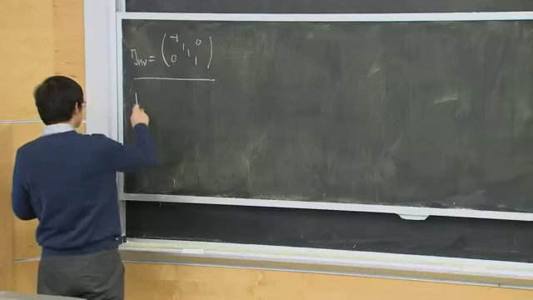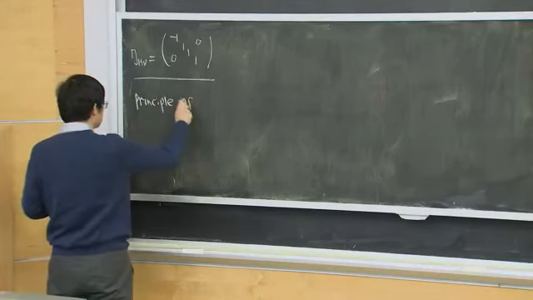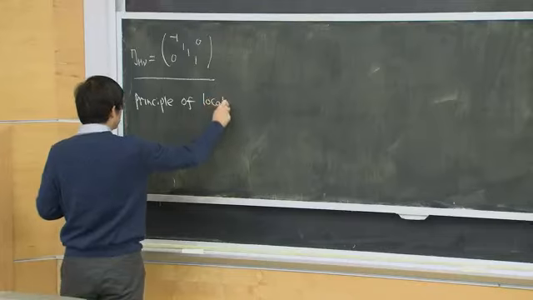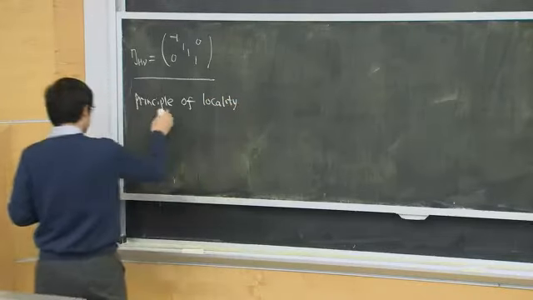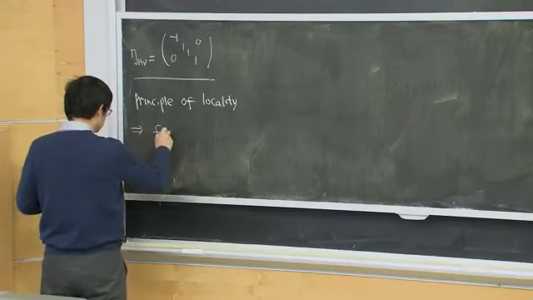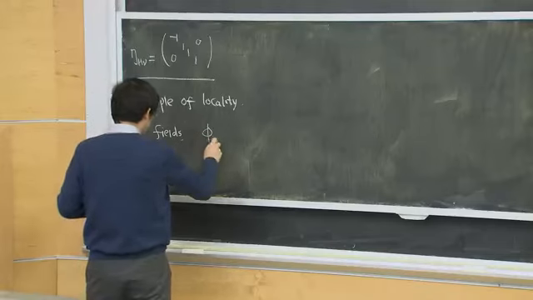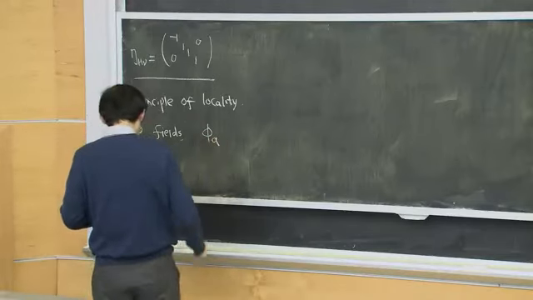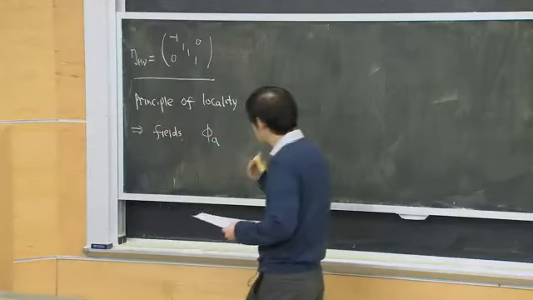In the last lecture, we talked about the principle of locality, which is a powerful principle. And this naturally leads to the concept of fields. I will generally denote fields using this kind of notation when we talk about fields abstractly.